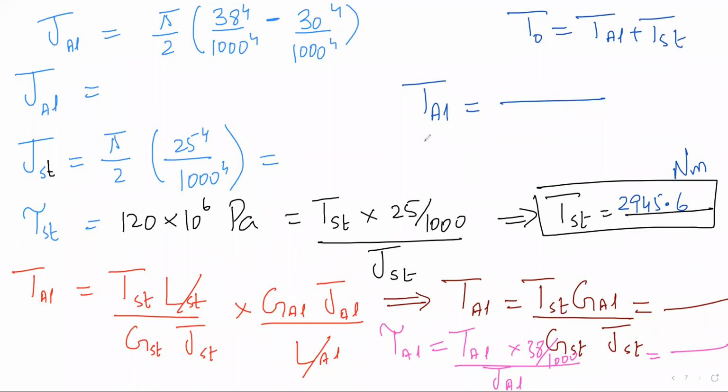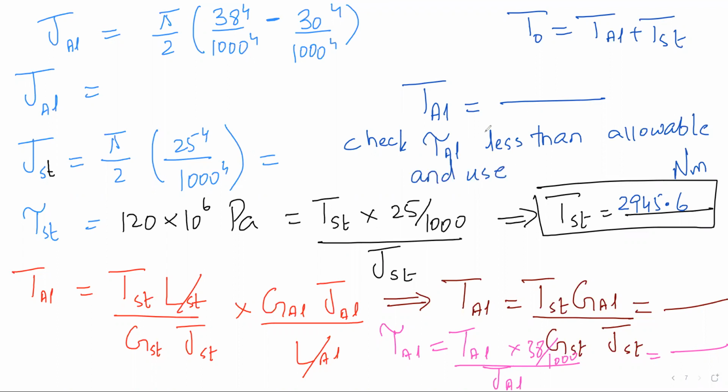Double check it and hopefully it will come out to be correct. Then R over I P, then you have shear stress multiplied by J S over rho is equal to R S. What is the value? 120 into 10 power 6 into pi by 2.